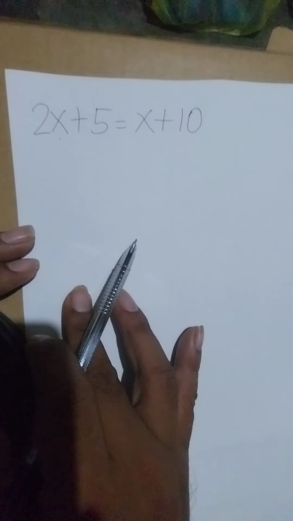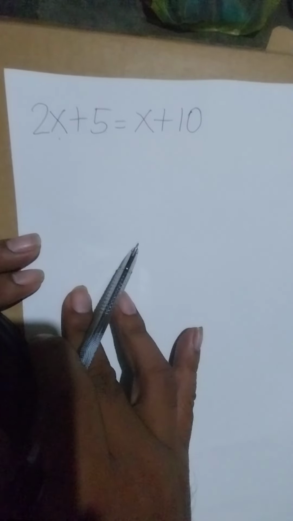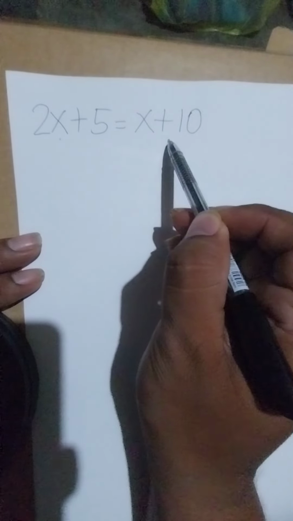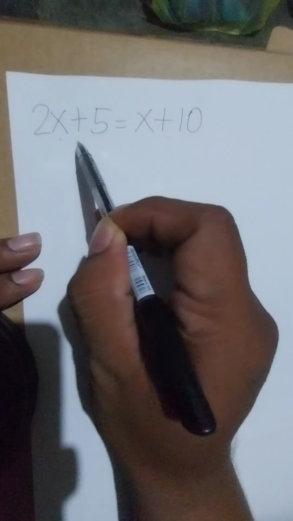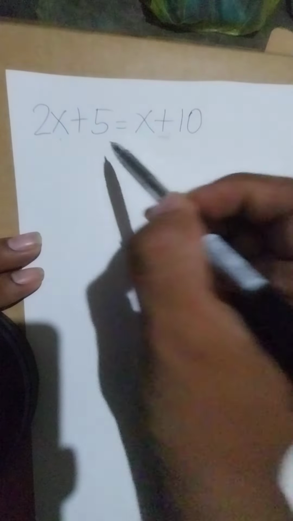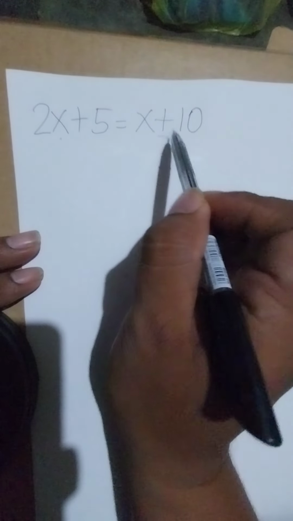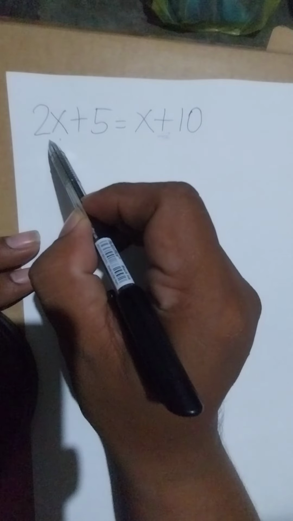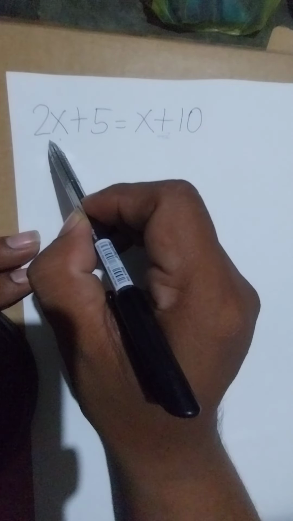Okay. And always remember the concept of principles of equation. Ang dalawang side of the equation should be equal to each other. So whatever will be the value of this one, it should be equal to the value of this side of the equation. Okay? So try to observe this expression. In this expression, we have x here, and then the coefficient is 2.